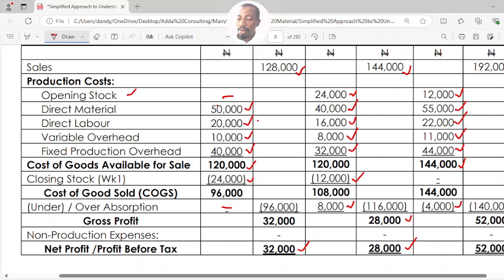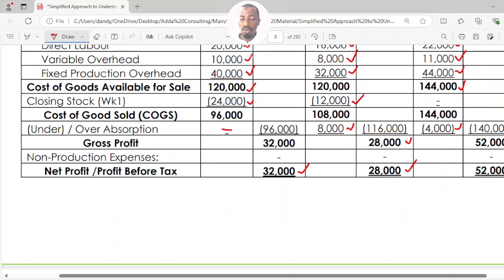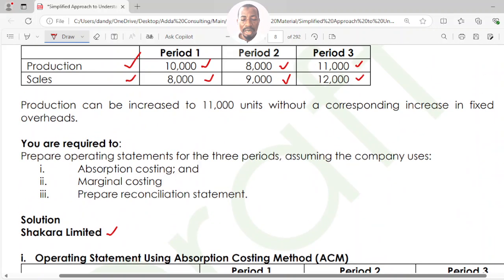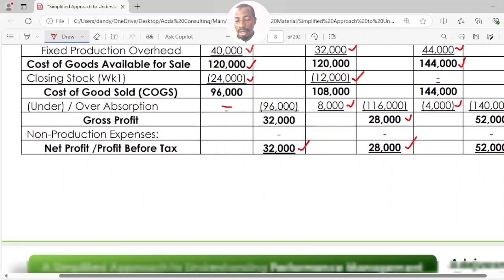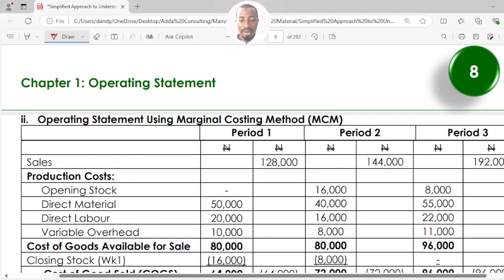So 144,000 minus 4,000 will give us 140,000. 140,000 minus 192,000 will give us 52,000. Now that we have the 52,000, what else do we want to do? Of course, we have determined profit under this. We need to go ahead and determine the income statement using the marginal costing approach. So let's go and do marginal costing.